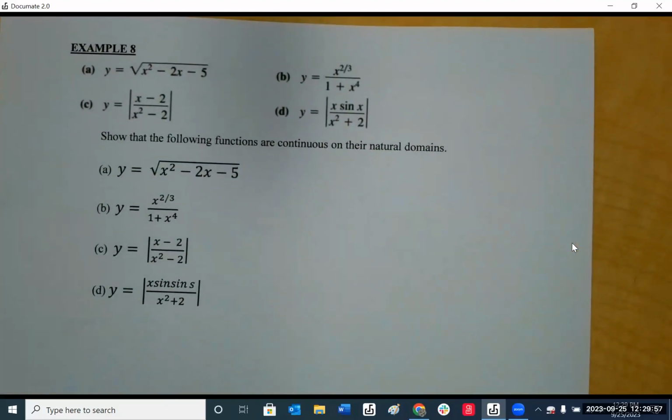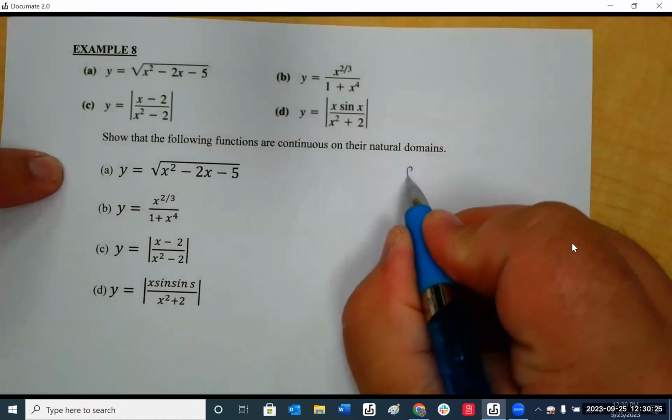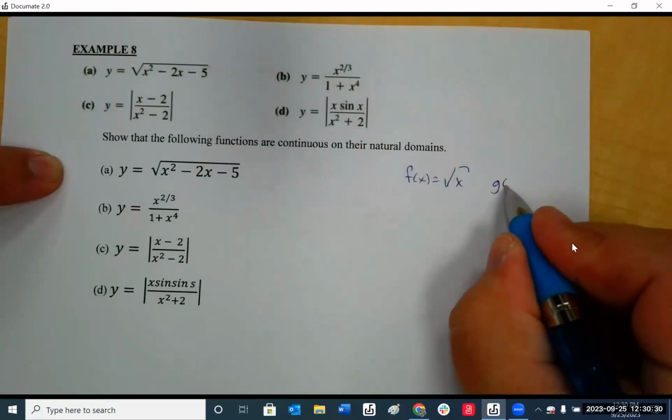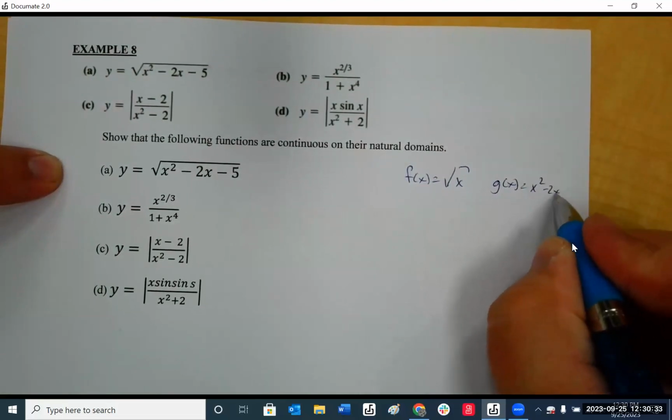Okay, we have four of them. Show that the following are continuous. Notice, are these composite functions? All four of them. Let's say f of x equals the square root of x, and g of x equals x squared minus 2x minus 5.